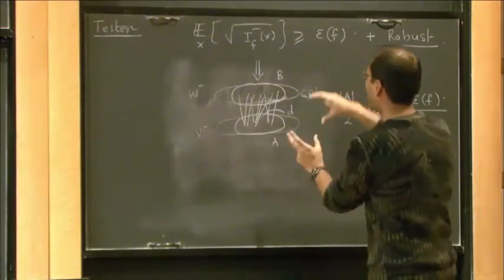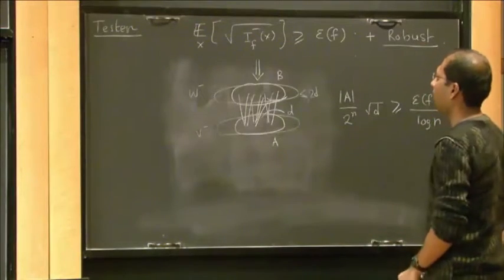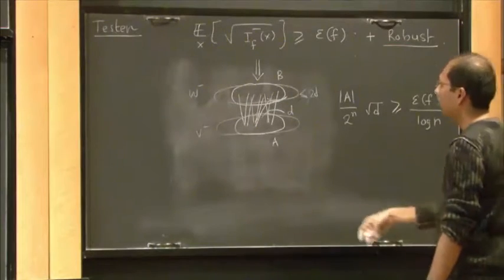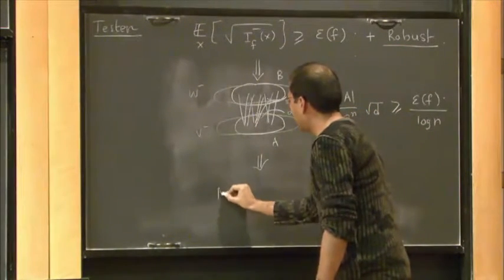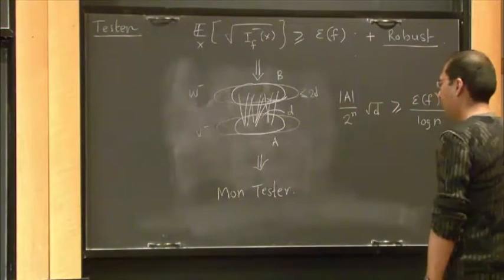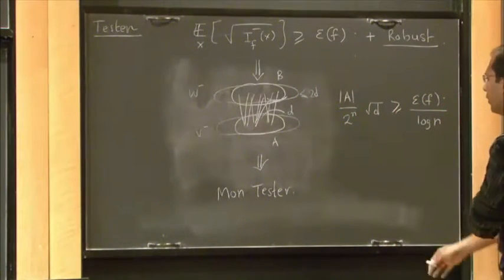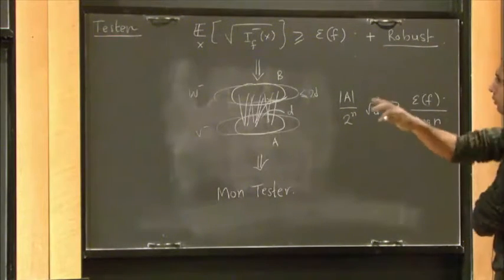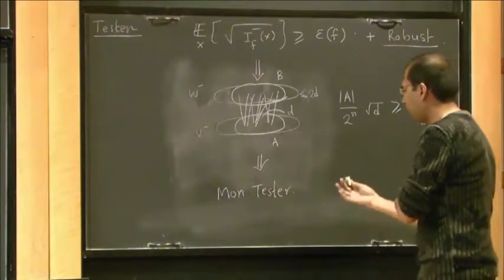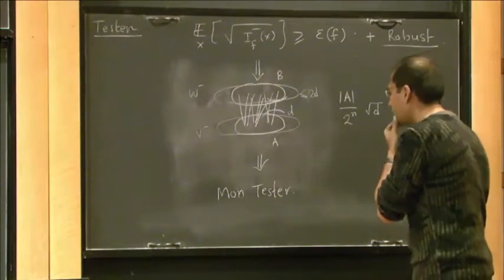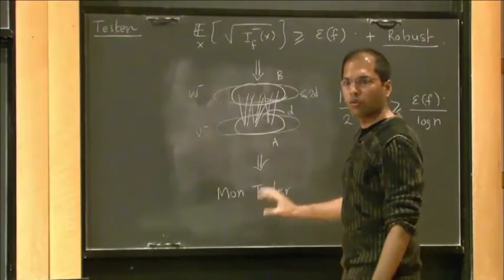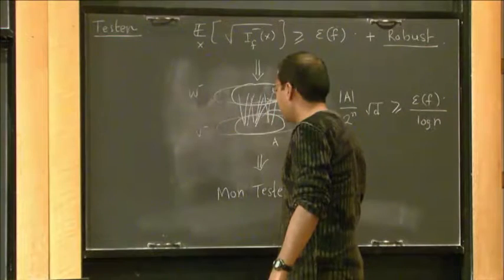Once you have a subgraph with this property, with degrees on one side equal to D and on the other side at most 2D, this implies the analysis of the monotonicity tester, which I'm not going to present. It's a new analysis, different from the previous analysis of Chakrabarty and Seshadhri. It also has quite a few more additional ingredients, but I'm going to skip it and focus on proving the inequality.